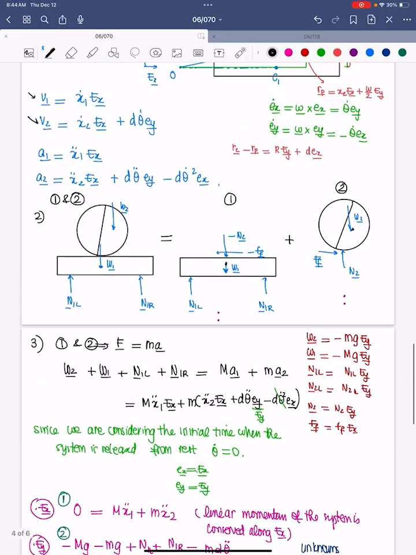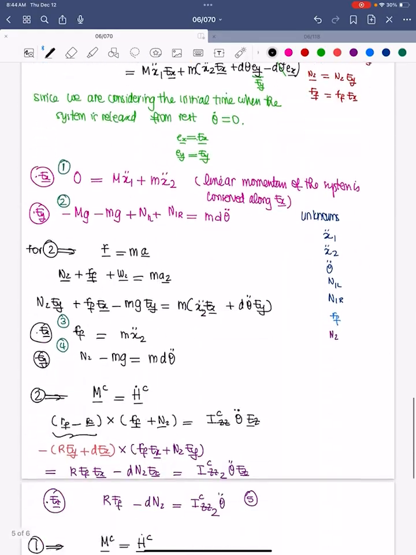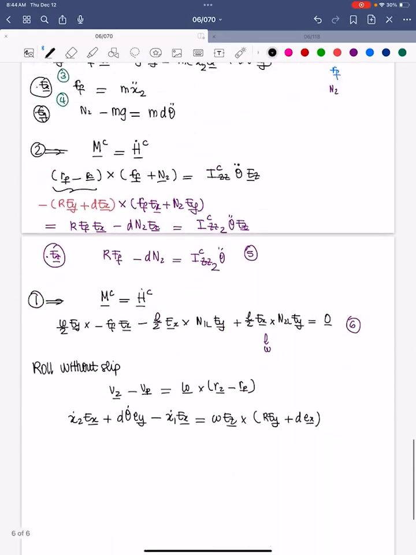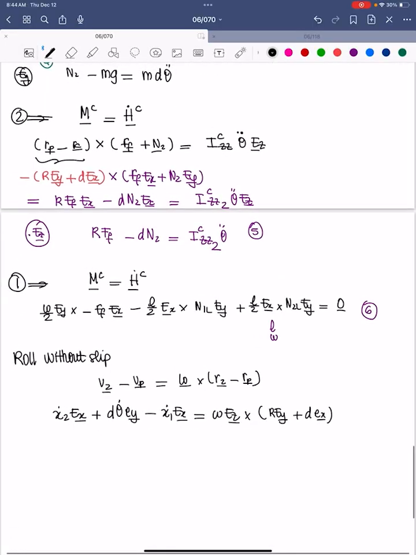We found this earlier here. Very well, I'm going to go on with the cross products: minus omega R EX plus omega d EY.